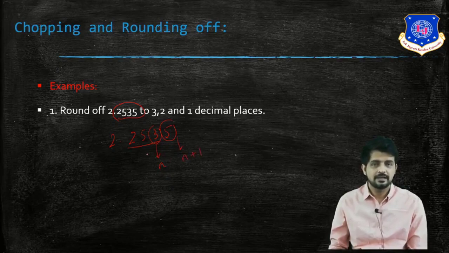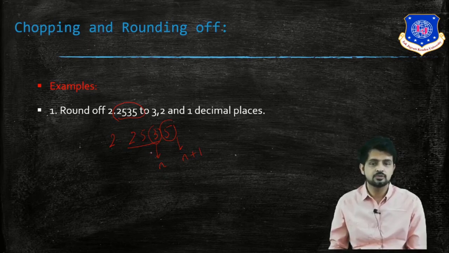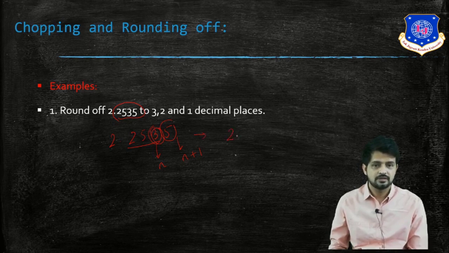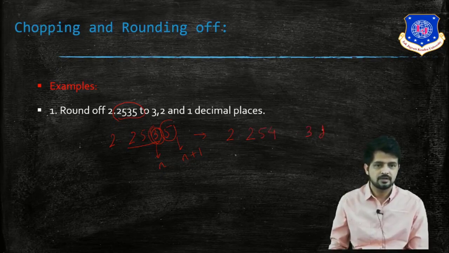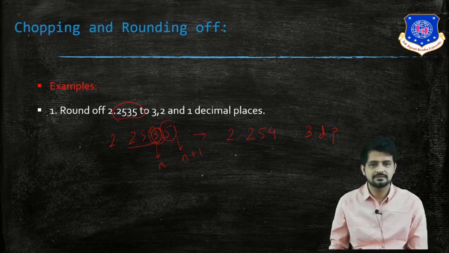Here, as we have to round off up to 3 decimal places, this is our nth digit and this one is our n plus 1th digit. Here we can say the n plus 1th digit is exactly equal to 5. So what we have to do? We have to write the nearest even decimal that should be larger than this. So up to 3 decimal places, I can write this number as 2.254.